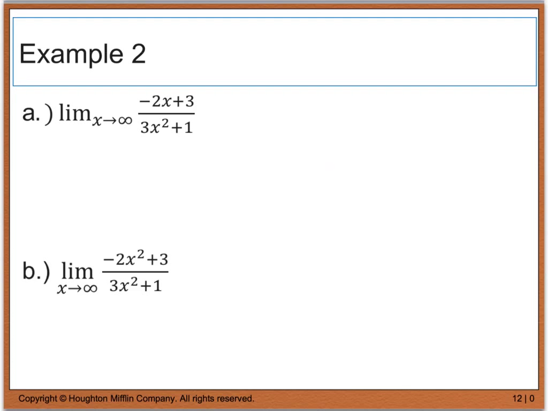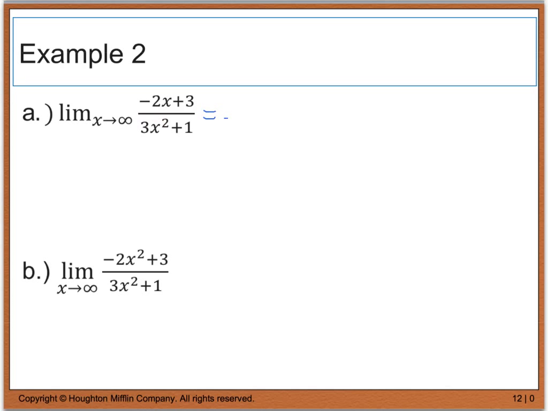And as I mentioned on the previous example, because this is a more complex rational function, I'm going to go through and identify the highest power term in the denominator. So if we go ahead and do that right now, it looks like we have an x squared term in the denominator. So I'm going to divide each individual piece by that x squared term.